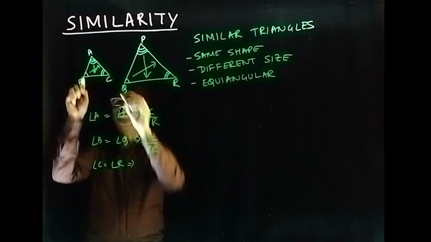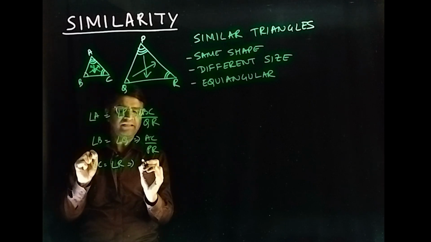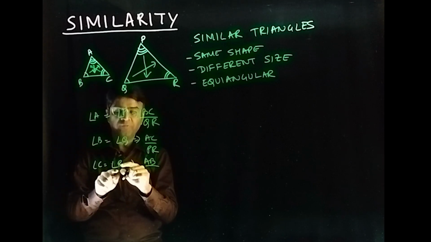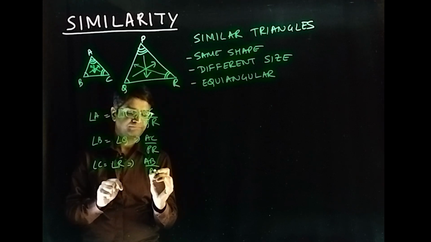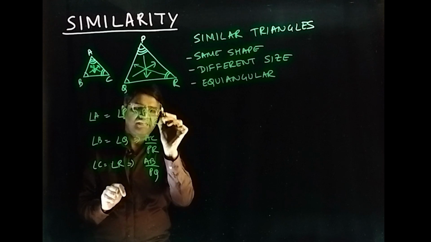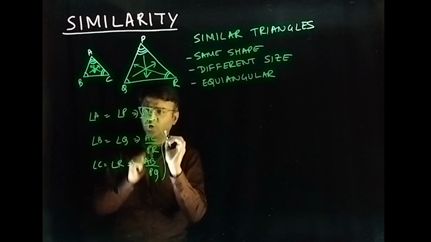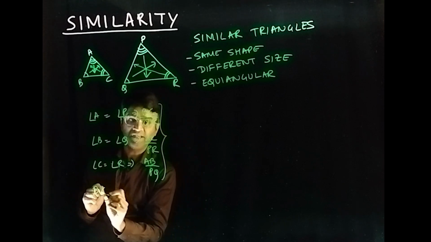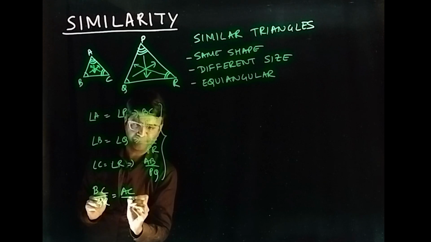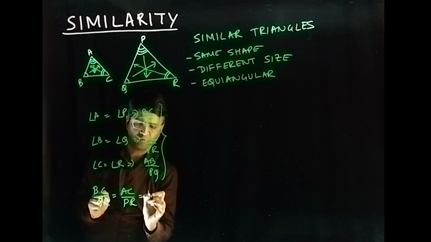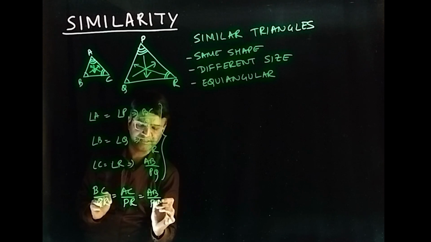That means opposite to angle C, I have AB. And opposite to angle R, I have what? PQ. So from these three, I can conclude that BC by QR equals AC by PR equals AB by PQ.